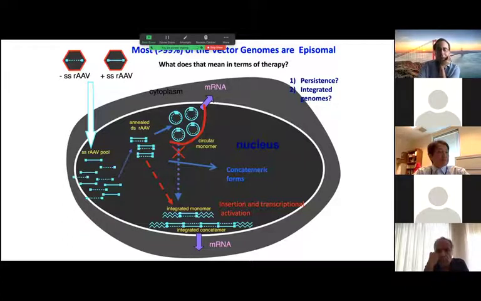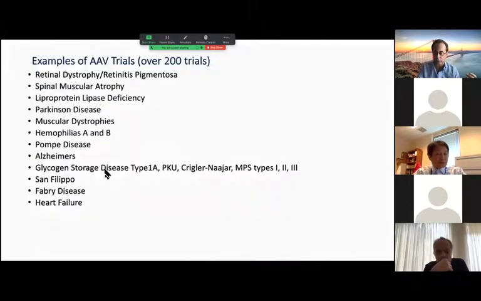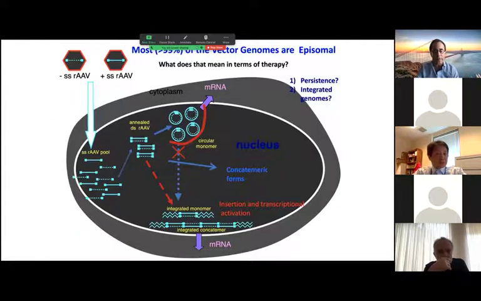Now, when AAV transduces a cell, each AAV particle consists of a single-stranded genome sequence, so it's single-stranded DNA. And when you make AAV vectors, they have an equal amount of the plus and the minus strand. These get into the cell and into the nucleus, where they become double-stranded, and then they can take on different forms.